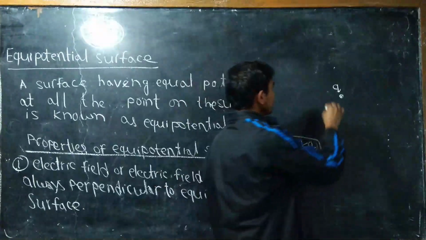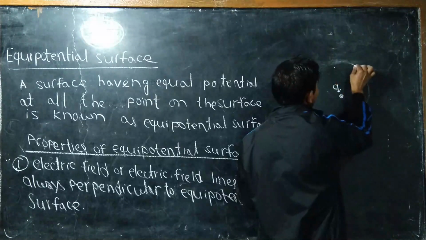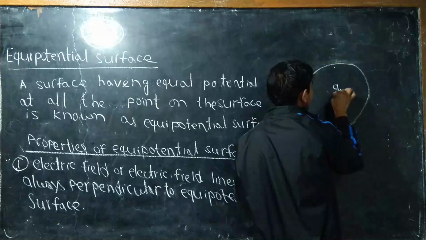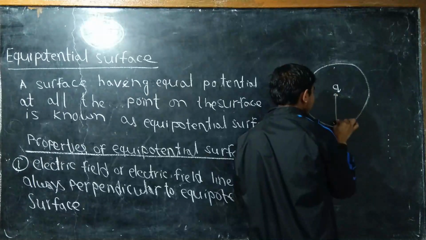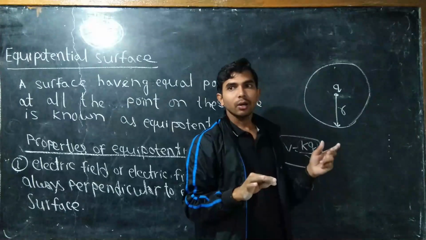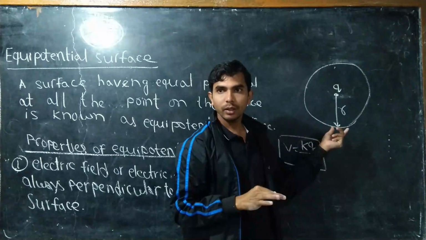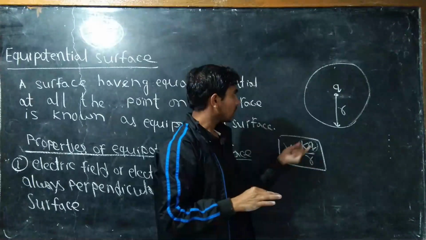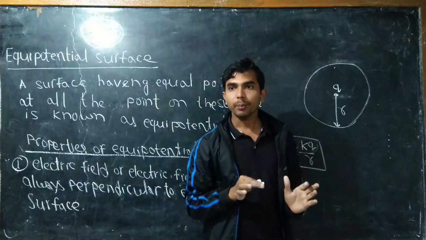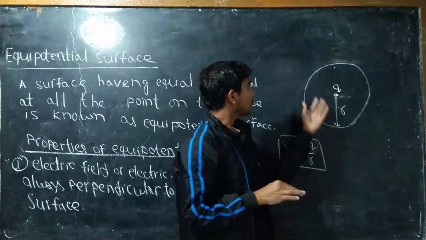All the points lying at R distance from the center will have the same potential, and that potential is KQ by R. And what is the shape of this?